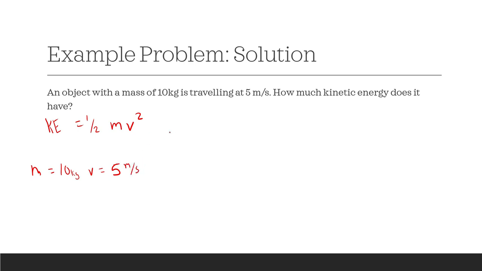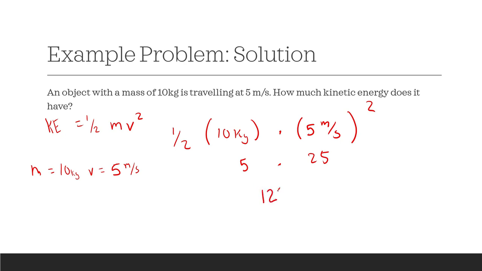So in this case, we've got 1/2 times 10 kg times our velocity, which is 5 meters per second, squared. And of course, this is going to equal 25, that 5 squared. This 1/2 times 10 is going to equal 5. So we get 5 times 25. You can also just plug this into a calculator, and we will get 125 joules.